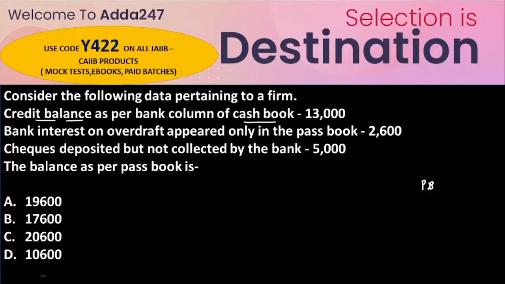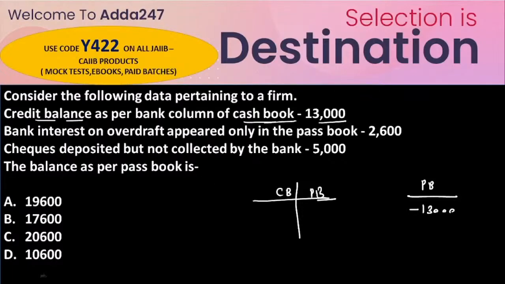The first step, write here passbook, and the second step, cash book and the passbook. After that, the balance given under the cash book is 13,000, so just write it as a negative figure, equal to minus 13,000.